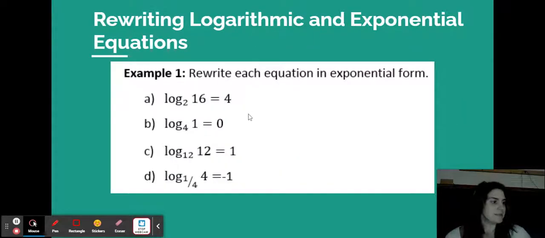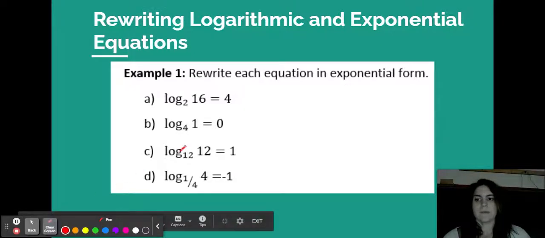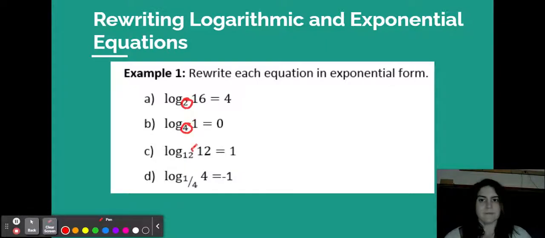So in this case, just real quick, if I was to rewrite these, this is my base. These are all my bases. These are your values, and these are the exponents.